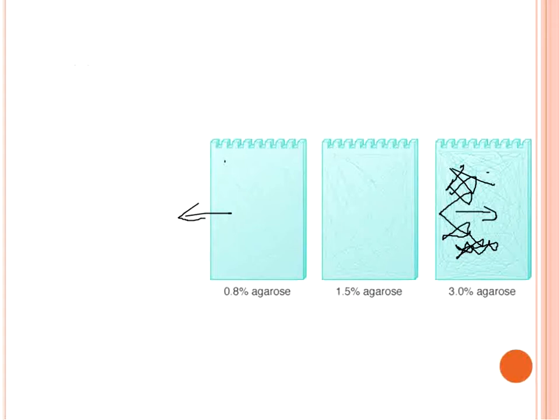Well, when you want to separate relatively large pieces of DNA, then you might want to use the lower concentration, because it will be easier for the DNA to move through. And when you want to separate small pieces of DNA, really small fragments, then you want to use higher concentration, right?